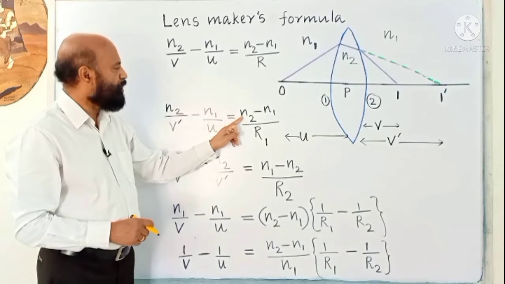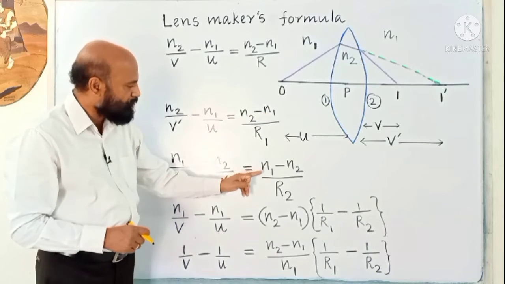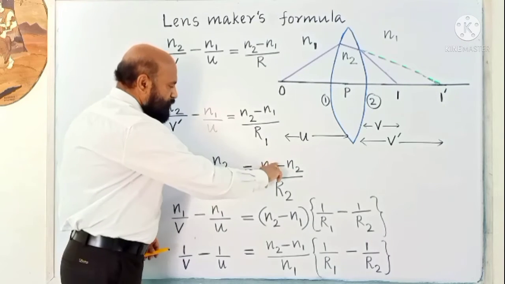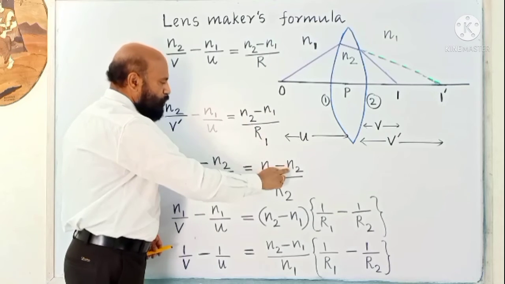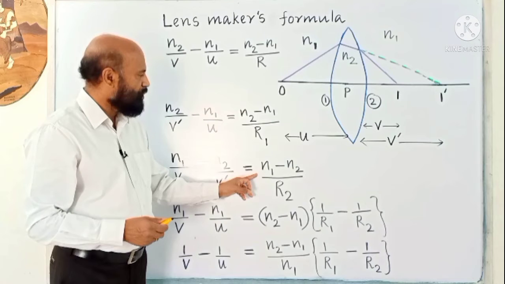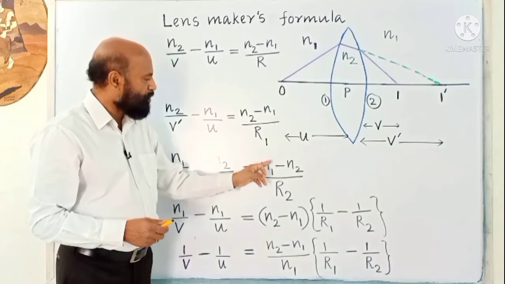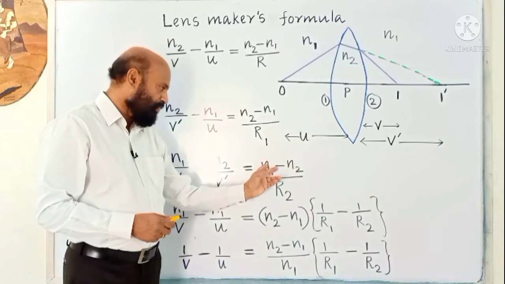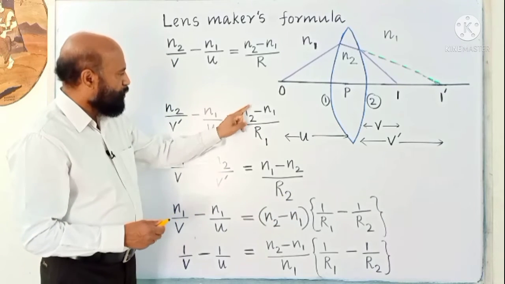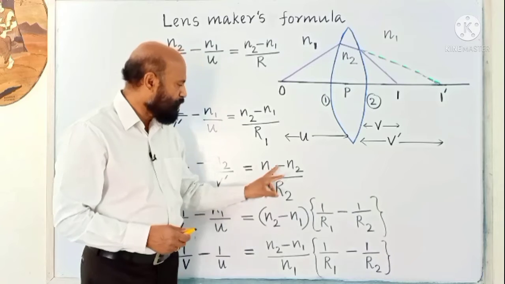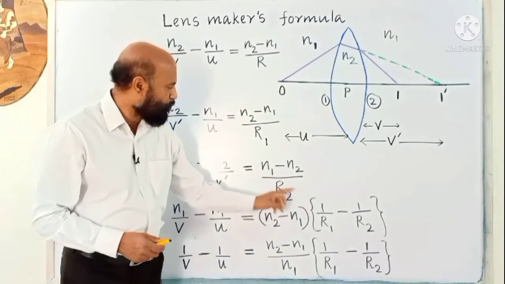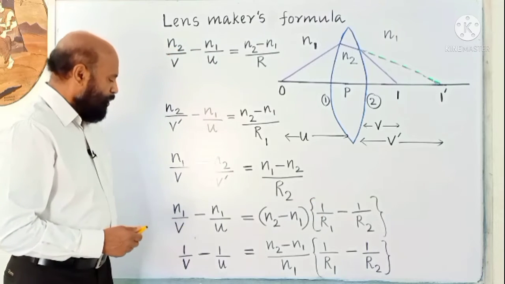Here it is N2 minus N1, but here it is N1 minus N2, so you interchange this and the sign changes. Both have N2 minus N1, so you can take N2 minus N1 outside. Now here 1 by R1, and since you have interchanged, this plus will become minus, so 1 by R1 minus 1 by R2.